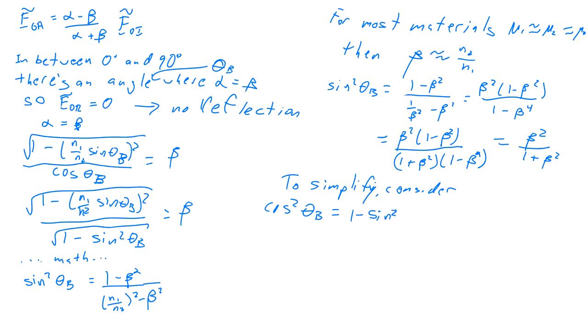Not 0 over 0. It would be 1, alpha over alpha. And so we'd be okay.